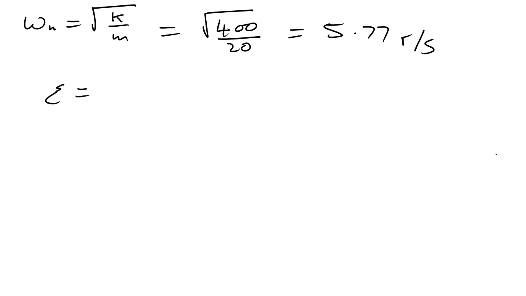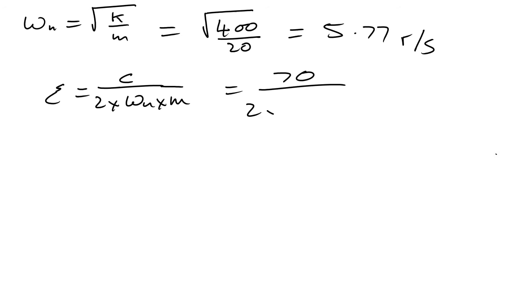And remember on one of the previous slides we have a term for zeta, which is our damping coefficient divided by 2 times our natural frequency times m. So we were given those terms. We've got 70 for C, 2, we've now worked out the natural frequency at 5.77, and the mass in the system was 20 kilograms.